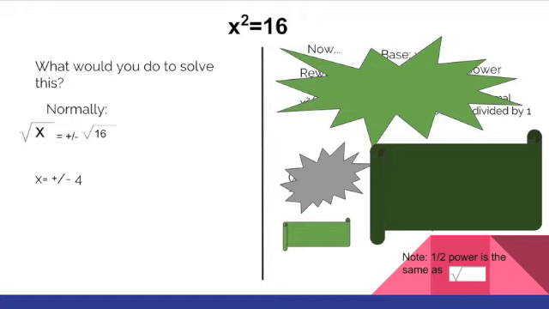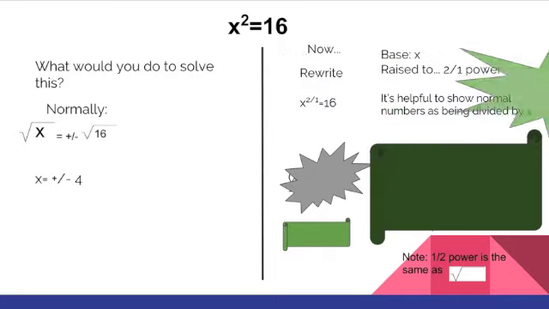Now, we're going to rewrite this differently and use the steps that we used to solve equations with rational exponents. So, the base is x, and it's being raised to the 2 over 1 power. It's helpful to write normal numbers as being divided by 1 so you can see that it's really a simple fraction where b does not equal 0 in a over b. So you have x to the 2 over 1 equals 16.